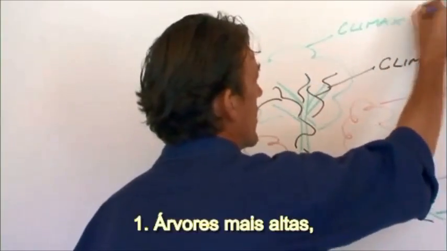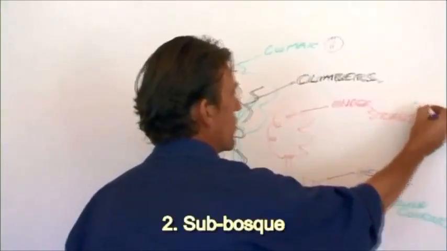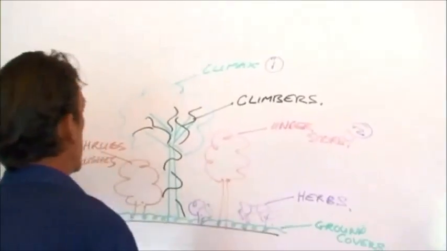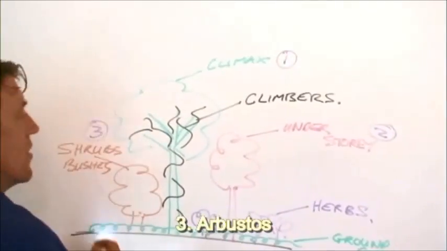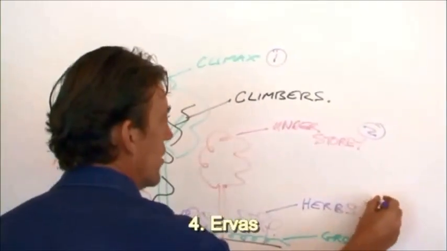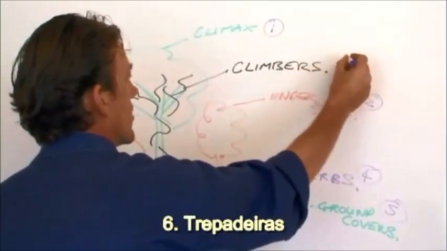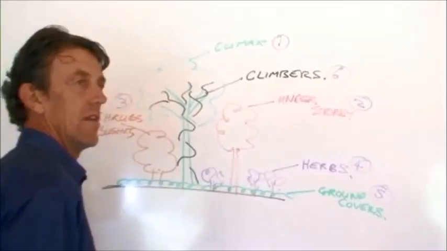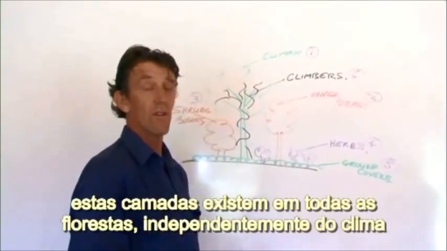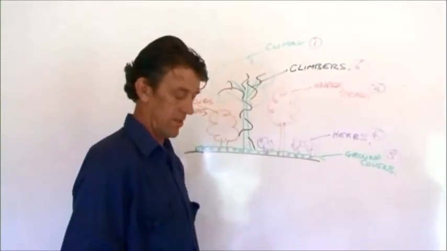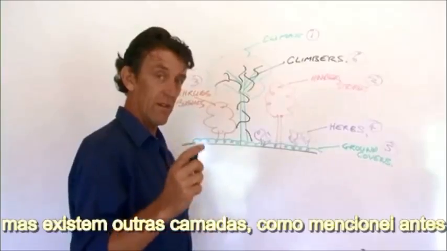We had 1, the climax, 2, the understory, 3, the shrubs, 4, the herbs, 5, the ground covers, 6, the climbers. Those layers are in every forest, doesn't matter what climate it is. But there are other layers.